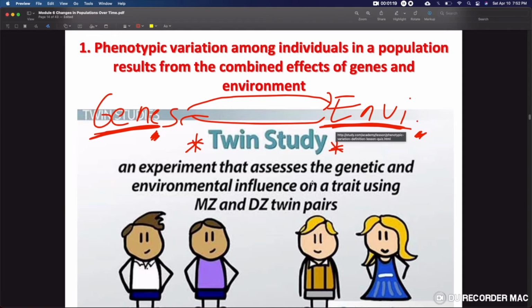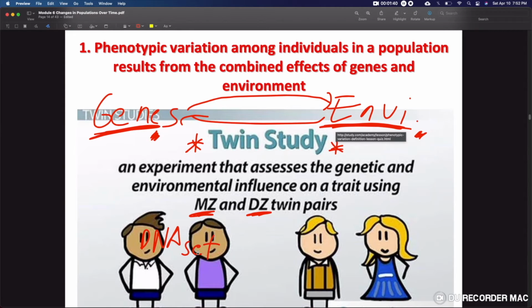Anyway, twin studies are these experiments of our scientists back then that, I don't know if it violated some human rights, but what they did was they collected a couple of twins and separated them by birth. Specifically, monozygotic twins and dizygotic twins. The cool thing about monozygotic twins, your identical twins, is that they have the same DNA set.